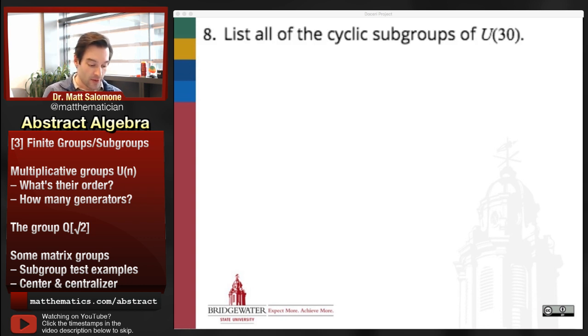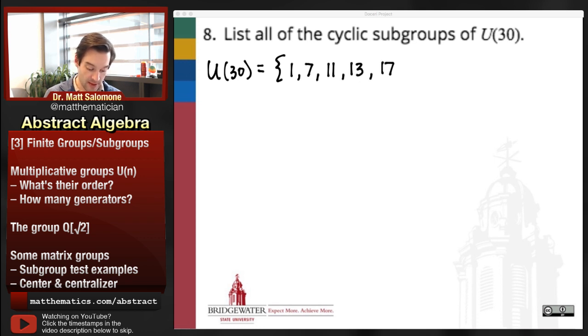So to get that started, let me list the elements of U30 once again, all 8 of them. So they are, respectively, 1, 7, 11, 13, 17, 19, 23, and 29. So these are my 8 elements of U30.